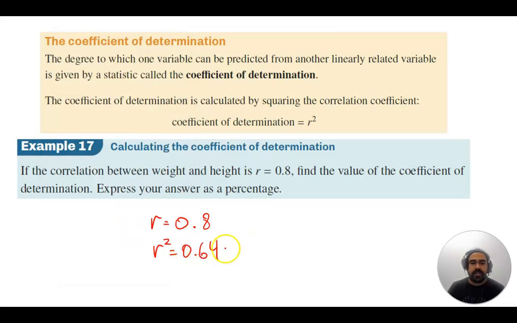Now as a percentage, you would just times this by 100. So our coefficient of determination is 64%. I want you to keep this number in the back of your head when looking into the next example, and how we can use this 64% as a tool or as a guide in terms of the relation between weight and height.